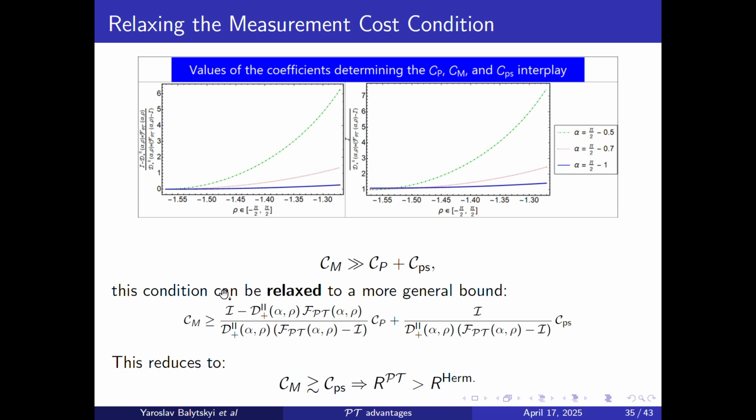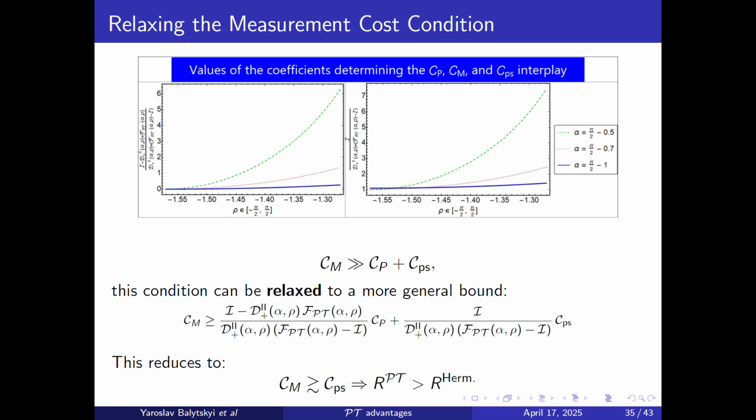So basically, if your PT-symmetric sensor operates sufficiently close to the exceptional point, then this condition can be relaxed to a much less restrictive one: if the cost of measurement is greater than the post-selection cost, then essentially the PT-symmetric sensor outperforms its Hermitian counterparts.